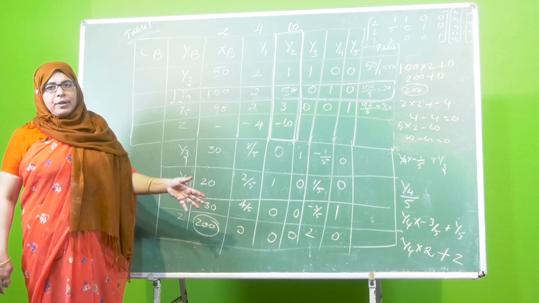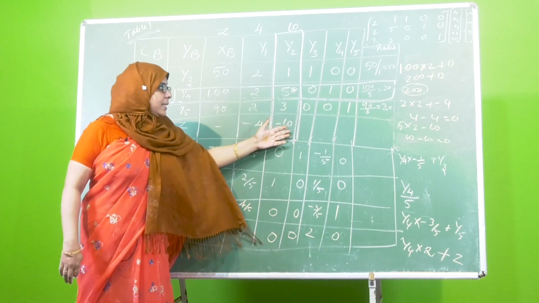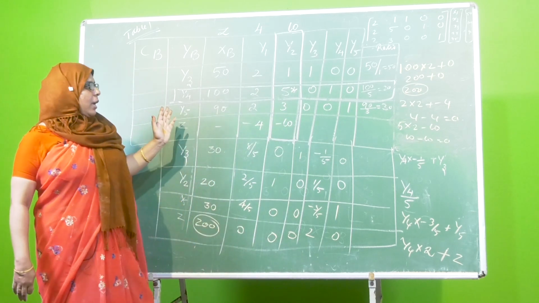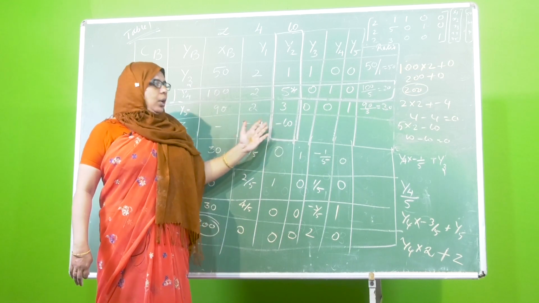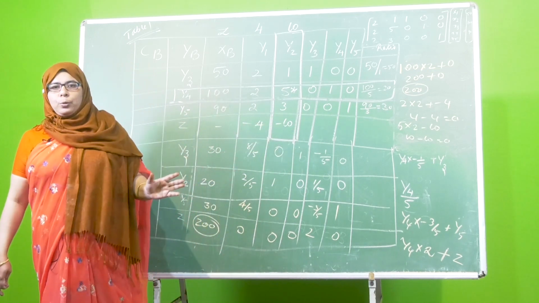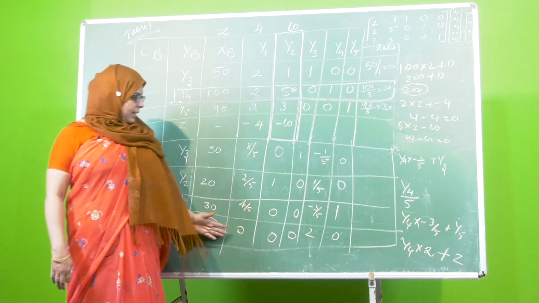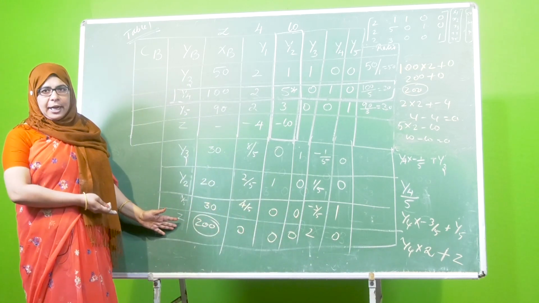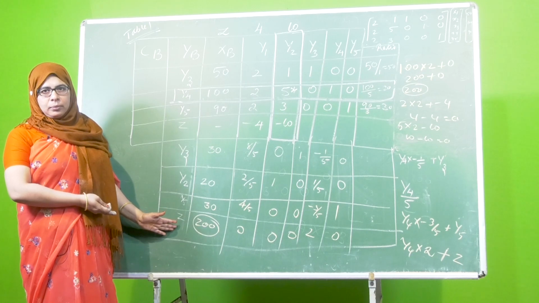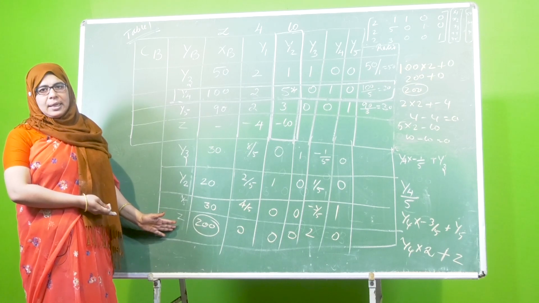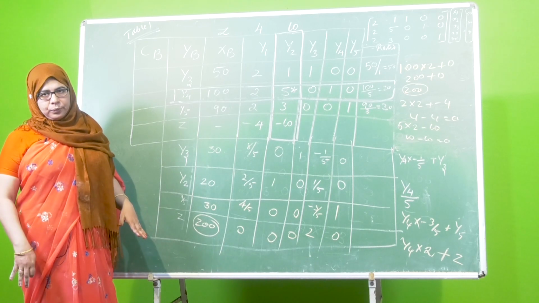In what way? We have to see the Z value, the most negative, least negative. So in Z are there any negatives or not? In this tabular column, no negative values in Z. So the problem is over.